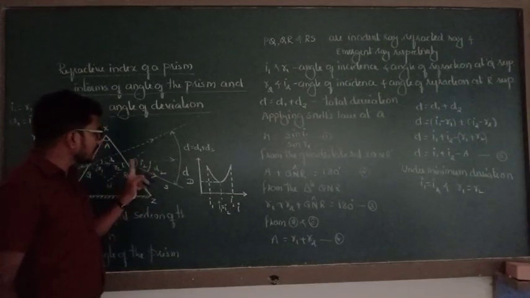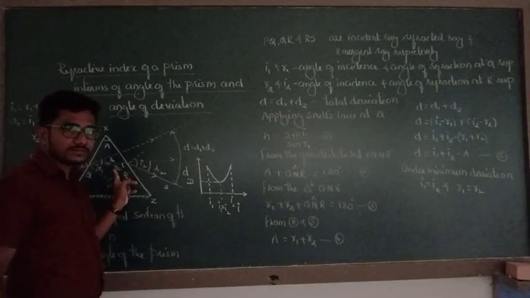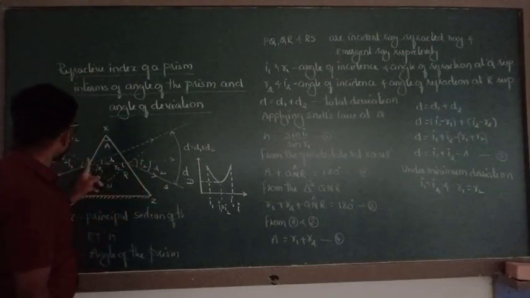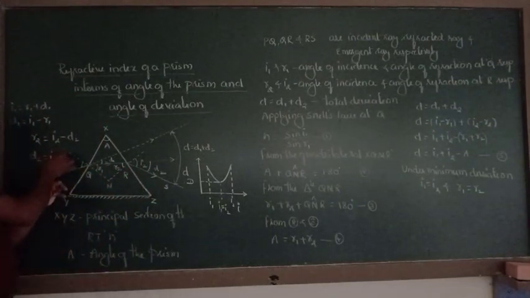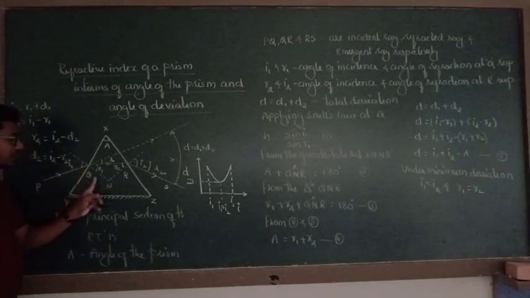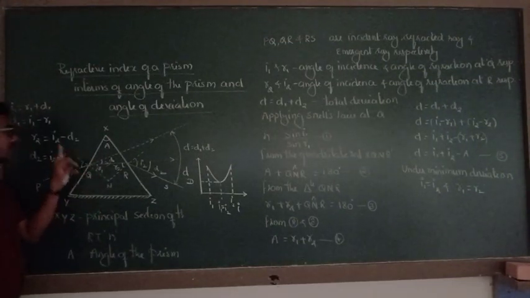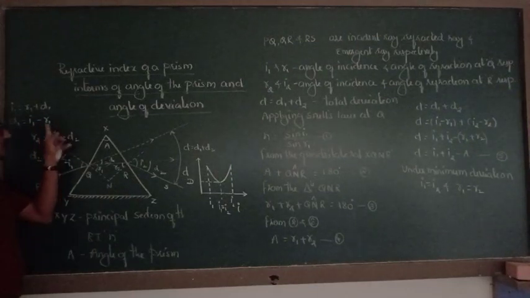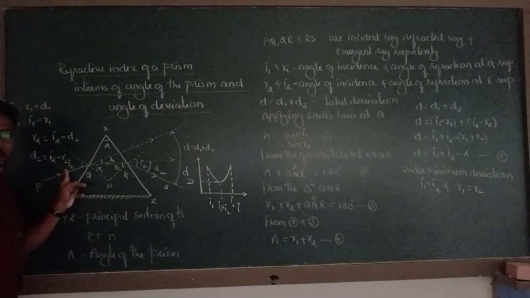Therefore, I2 is greater than R2, and hence we will get I2 minus R2. Here it bends towards the normal, R1 is less than I1, therefore D1 is equal to I1 minus R1, and D2 is equal to I2 minus R2.